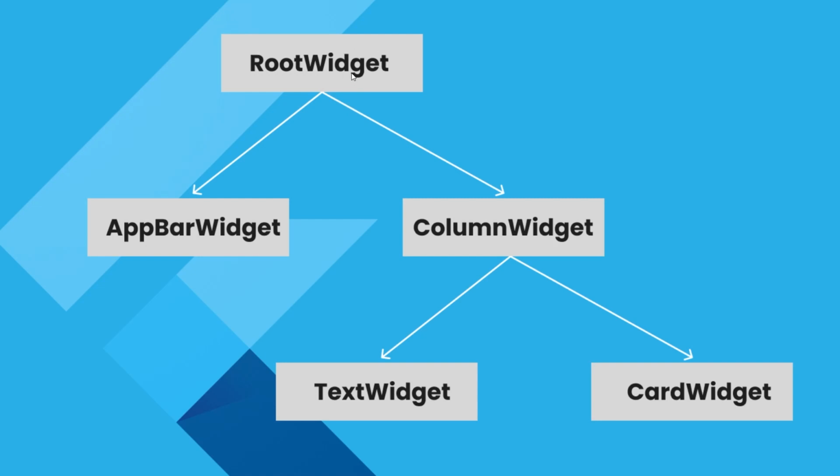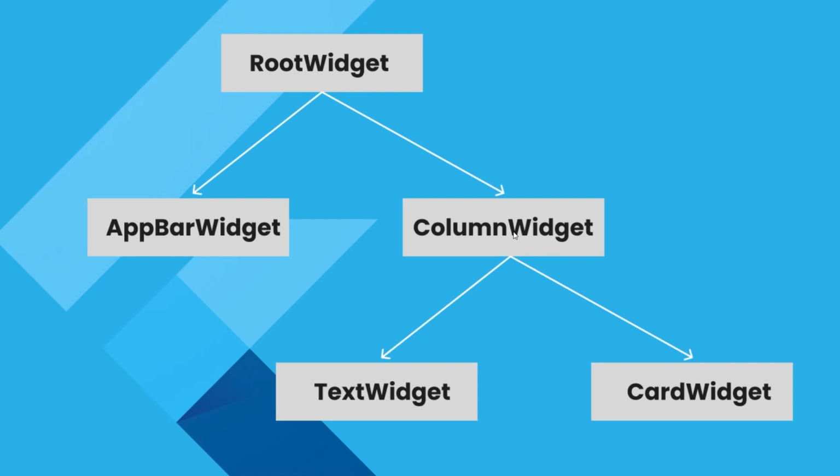There's a root widget. In our early demo application, you can think of it as the material app, and inside the material app there was a home widget, which was a stateless widget, and inside that there was a body widget, app bar. And app bar was provided inside the scaffold, and the column widget was provided inside the widget as well.